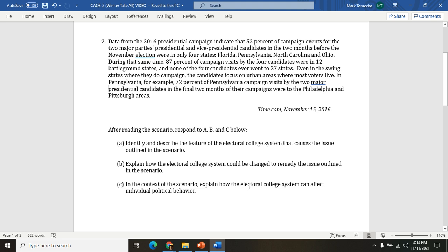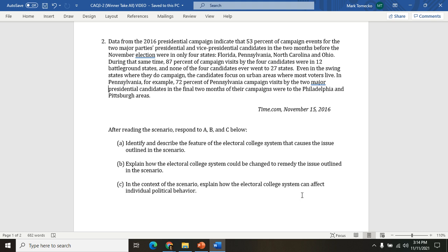Finally, in part C, in the context of the scenario, explain how the Electoral College system can affect individual political behavior. So again, thinking about the scenario, thinking about this notion of swing states versus safe states, what might winner take all do to an individual's political behavior? And again, the most basic political behavior is voting.